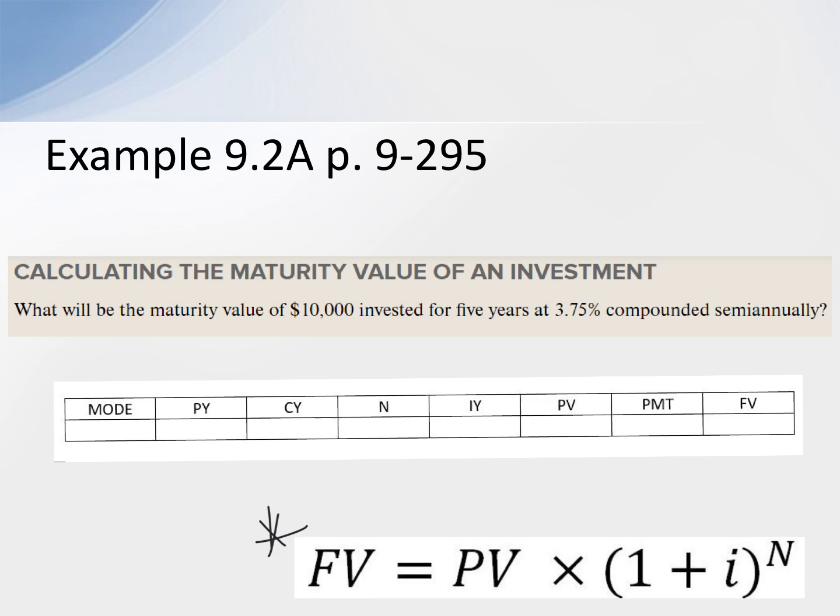I'm going to encourage you to get comfortable using the features in your BA2 Plus financial calculator. So I've included a little template here that contains all of the variables that you're going to need in order to utilize these features and your calculator effectively.